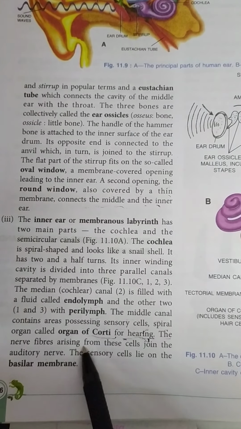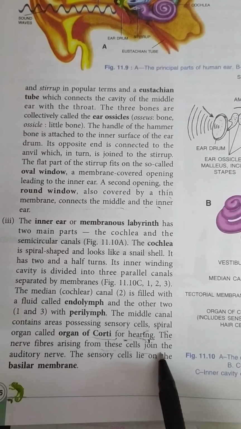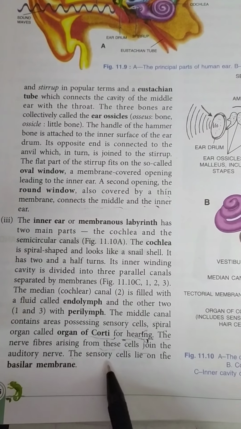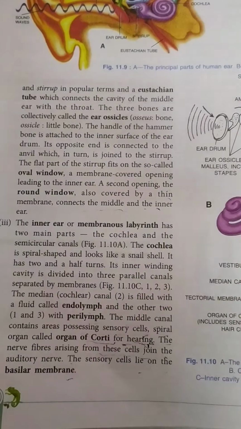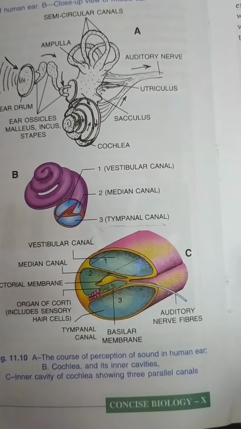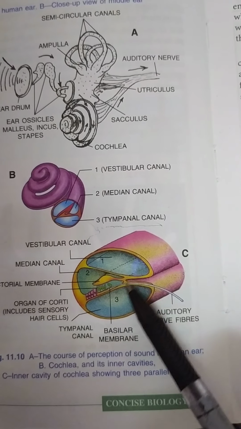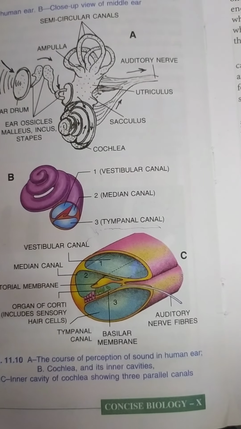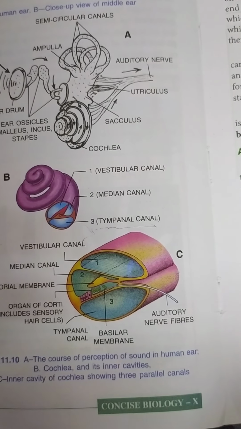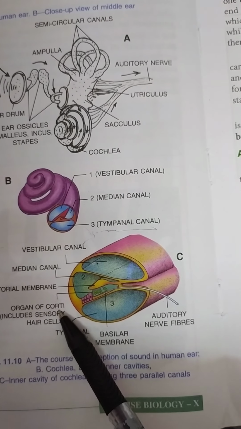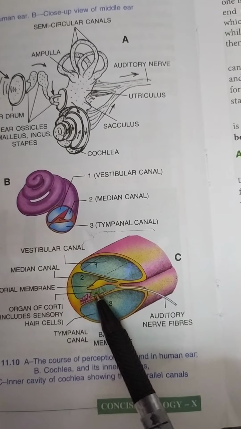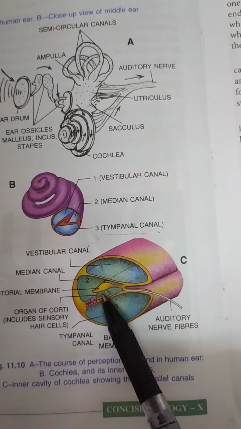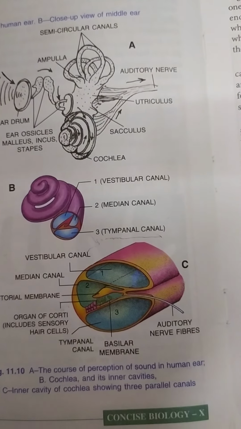The nerve fibers arising from these cells join the auditory nerves. The sensory cells lie on the basilar membrane. Here in the diagram, the inner cavity of the cochlea shows three parallel canals, and the organ of Corti includes sensory hair cells, and its function is hearing.